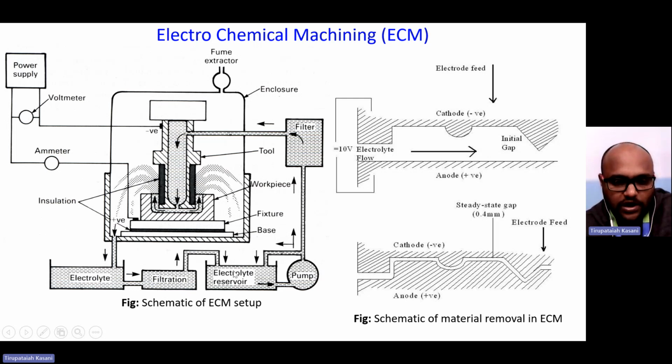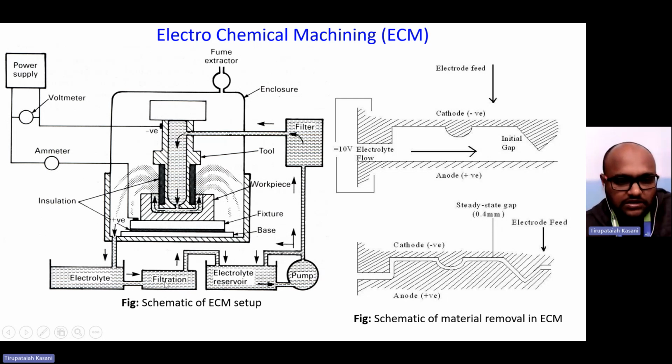If the material removal rate is decreasing, then we replace this electrolyte medium with a fresh medium. Generally, the electrolyte used in most cases is NaCl. With the help of this pump, from the reservoir we send it to the filter.